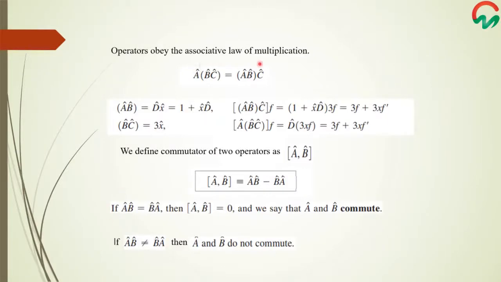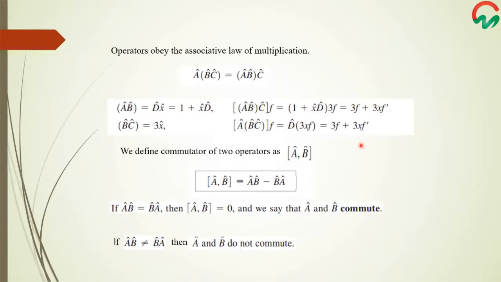Operators obey the associative law of multiplication, which is given as A(BC) equals (AB)C, and you can see clearly in this example that this law is obeyed by operators. The only difference between operator algebra and ordinary algebra is that numbers obey the commutative law of multiplication, but operators do not.